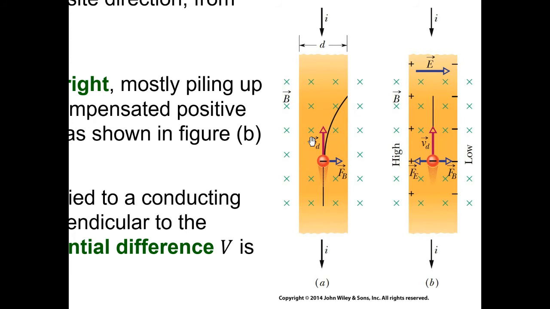So v cross B points to the left side, and this is a negative charge, so F_B points to the right side, like this, okay? So we can imagine the negative charge will try to move to the right side, and the negative charge will start to accumulate on the right side.